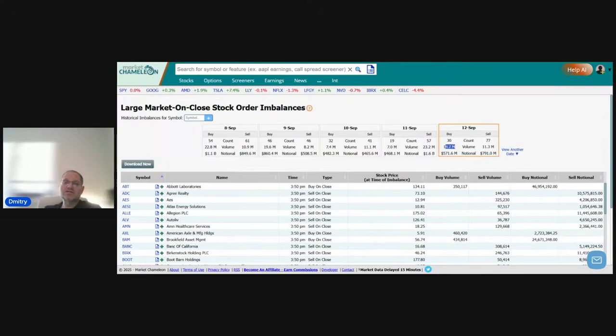The 30 stocks had 14.2 million shares of a buy imbalance versus 11.3 million shares on the sell side. And as far as the dollar value, we had $571 million worth of stock on the buy imbalance versus $791 million in the sell imbalance.